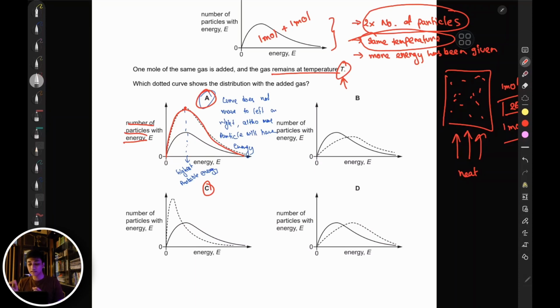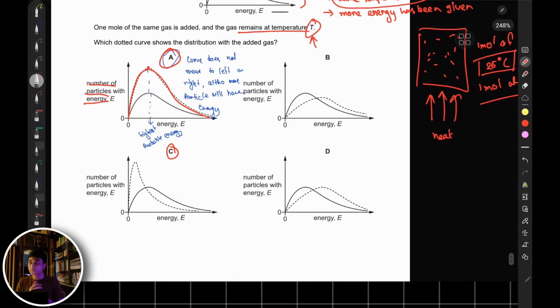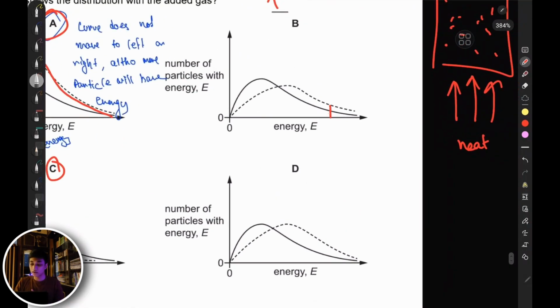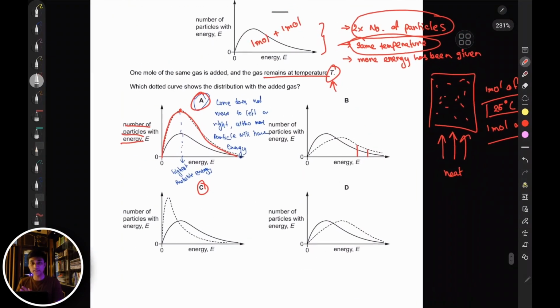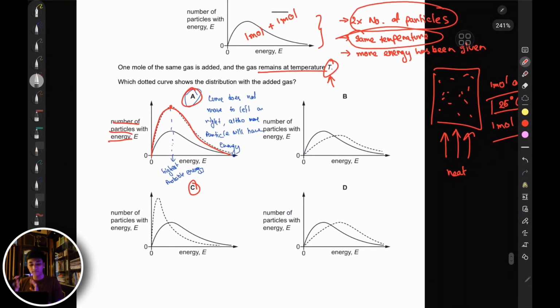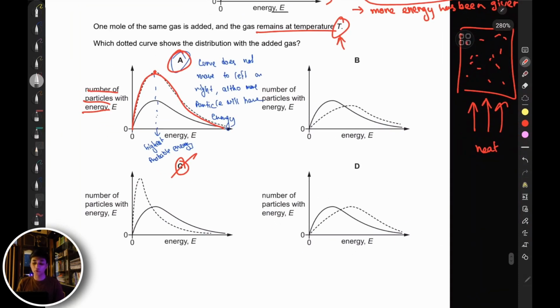Only temperature can affect the shape of the peak or the shape of the curve overall. The other factor is a catalyst, but it does not change the shape of the curve. It only changes the activation energy, where more particles have enough energy. So the shape is usually only changed by temperature. If that's the case, you cannot go for C.